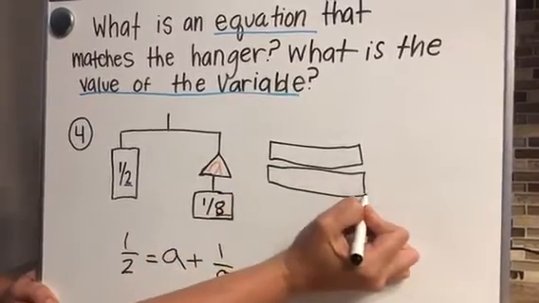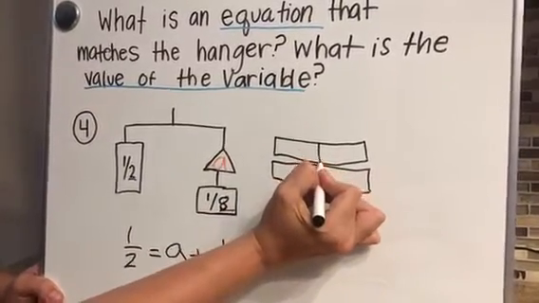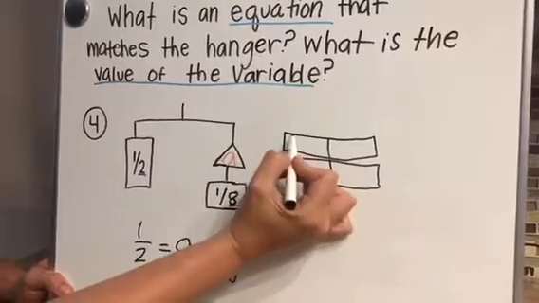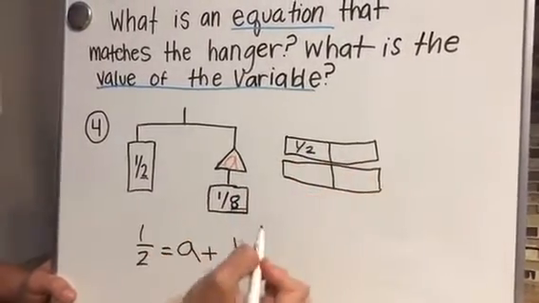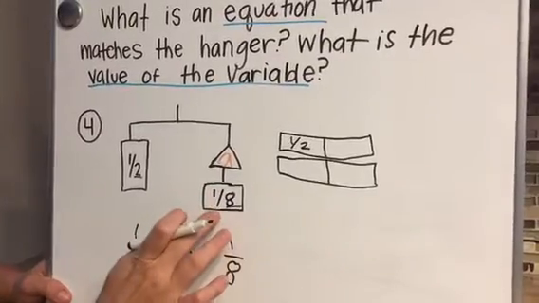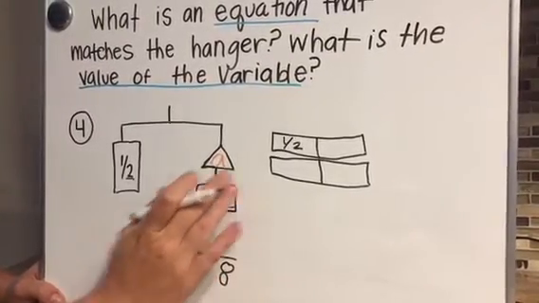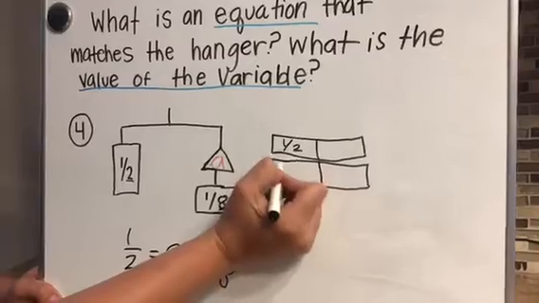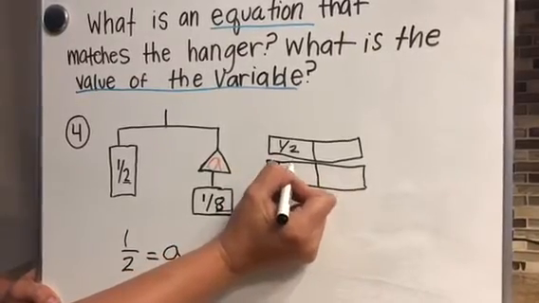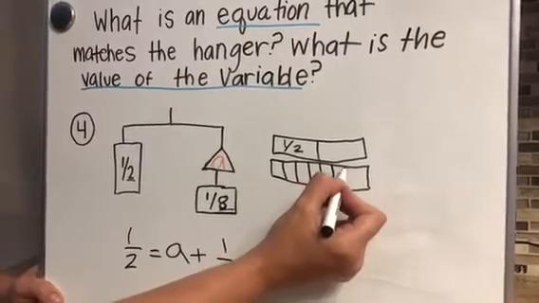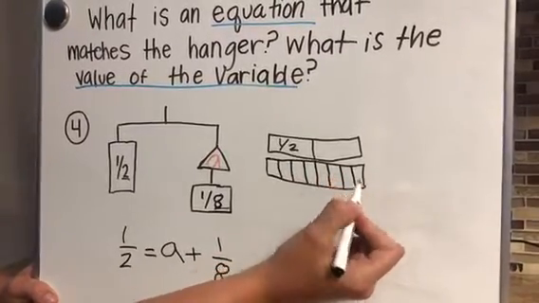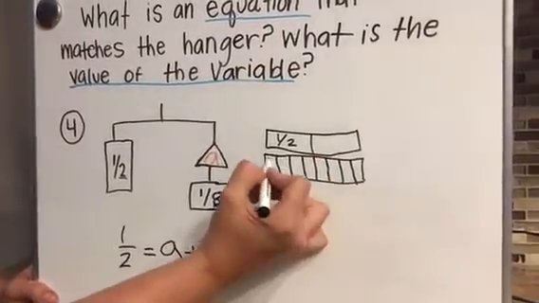If you guys look right here, we have 1/2. This is 1/2 of a whole, right? And now I'm gonna separate this one into 8ths. Okay, so now I separated this into 8ths.